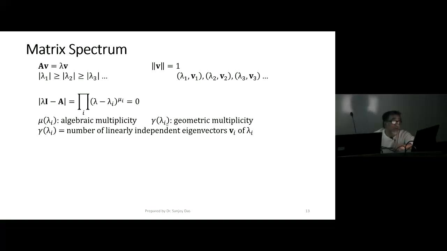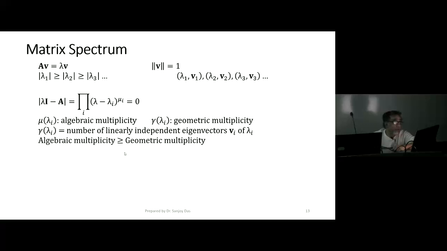If for every eigenvalue the algebraic and geometric multiplicities are the same, then it's a non-defective matrix. In general, algebraic multiplicity will always be greater than or equal to the geometric multiplicity. If it is strictly greater for any eigenvalue, then the matrix is a defective matrix.